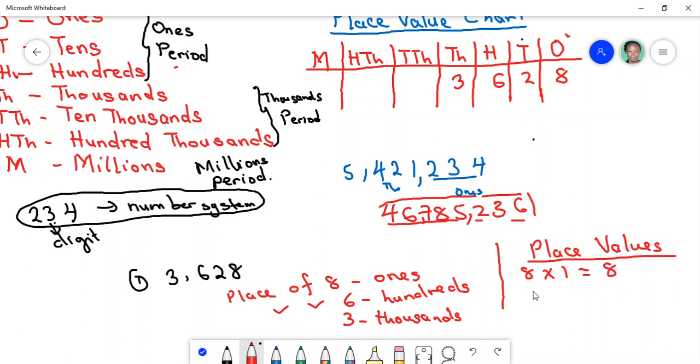The place value of 6 is what? 6 times 100. So the place value of 6 is 600. Then the place value of 3 is what? It's in thousands. I have 1, 2, 3 thousands, which is 3,000. You see how easier it is.